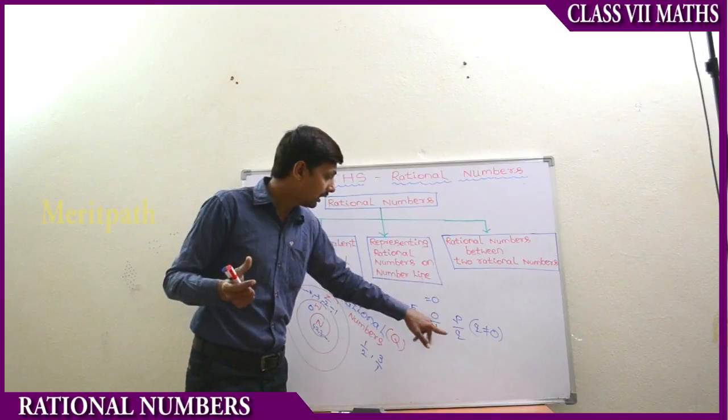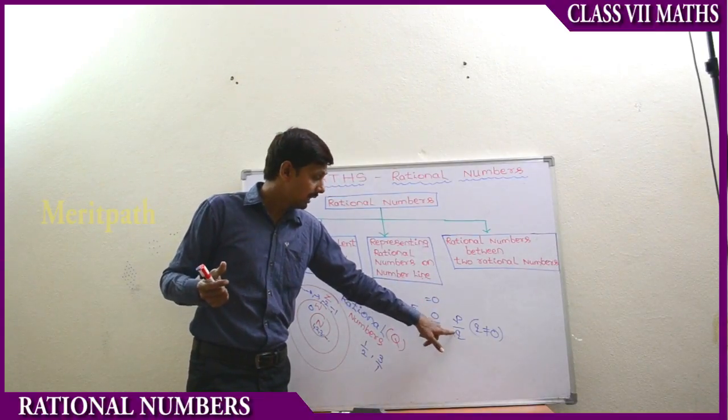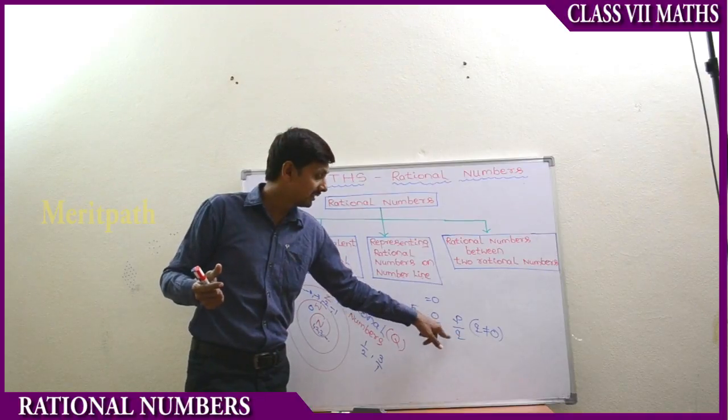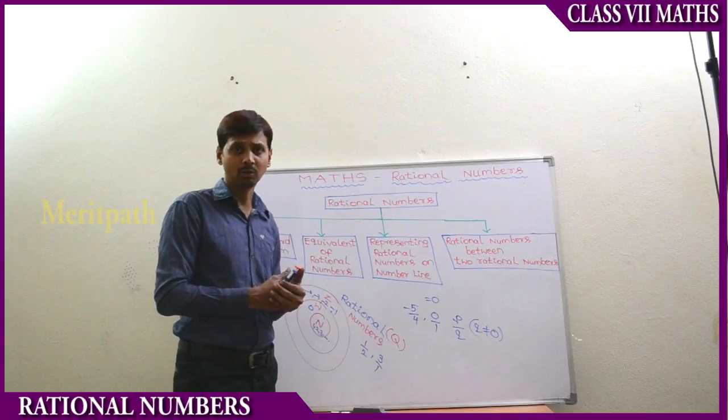The denominator q should not be equal to 0. The numerator we can take as 0.